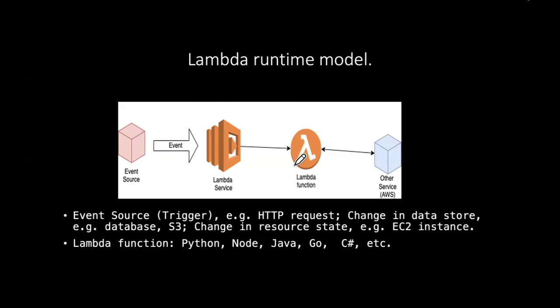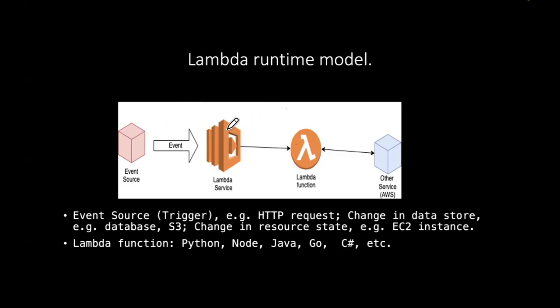This icon is representing my Lambda function, and this image here is representing the Lambda service. So the flow is the event that's targeting my Lambda function occurs. We needn't worry about how it occurs for now, but it occurs anyway. And the event is received by the Lambda service.